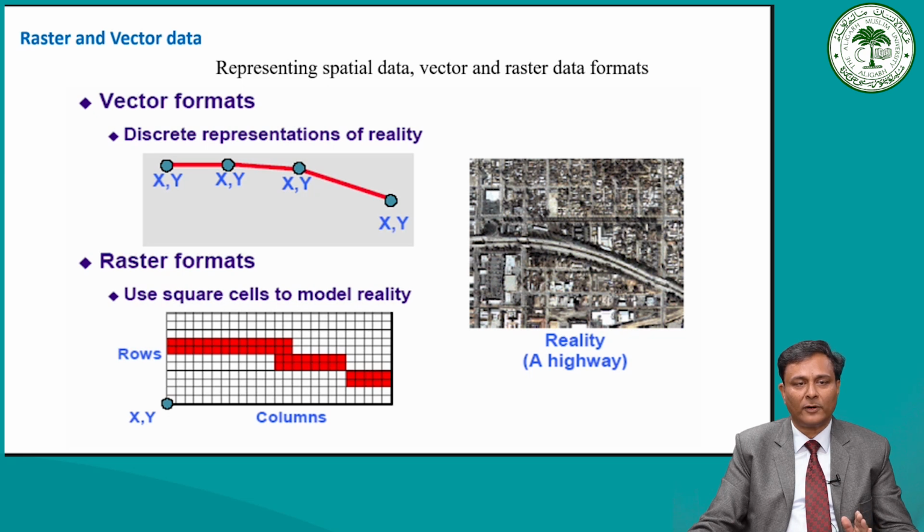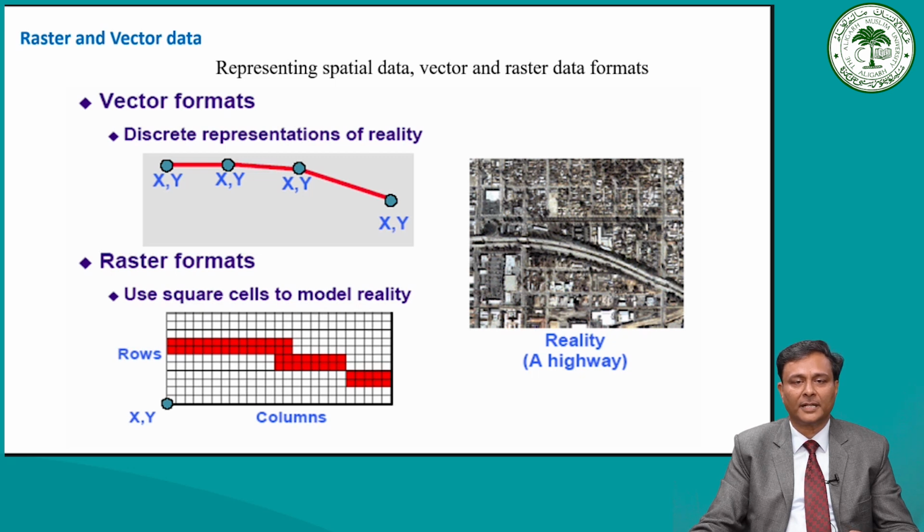So there are 4 vertices visible in this particular image, and we have 4 xy coordinates. Now these vertices define the shape of the spatial object. The organization of the vertices determines the type of vector that we are working with.